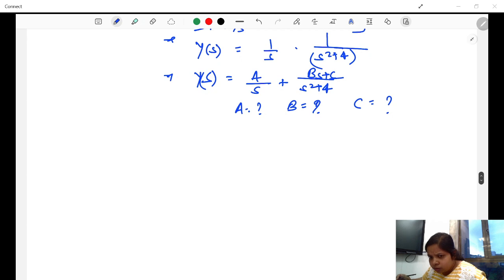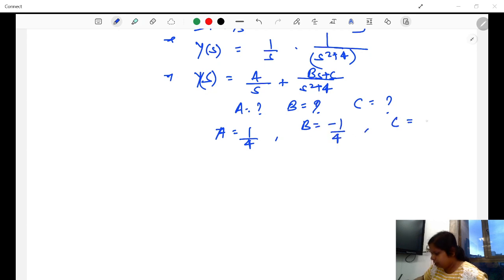Is it done with someone? If not, A would be equal to 1 by 4, B is equal to minus 1 by 4, and C is equal to 0.